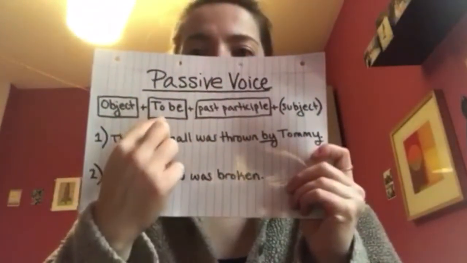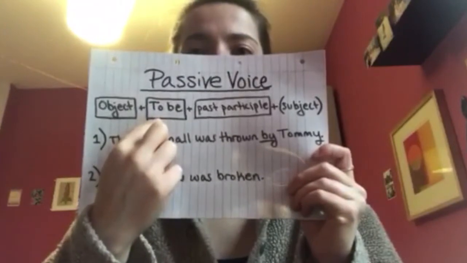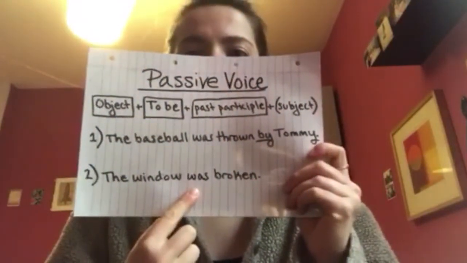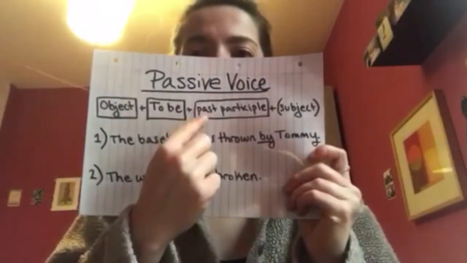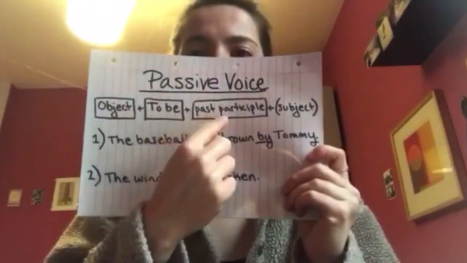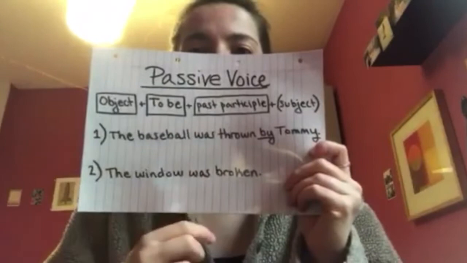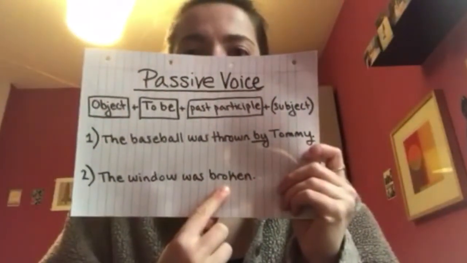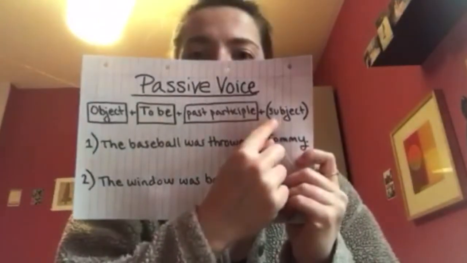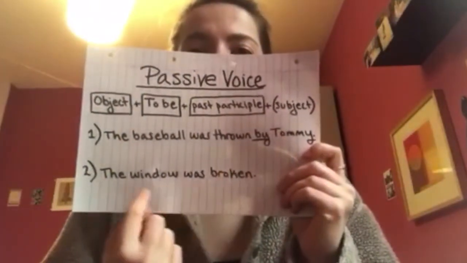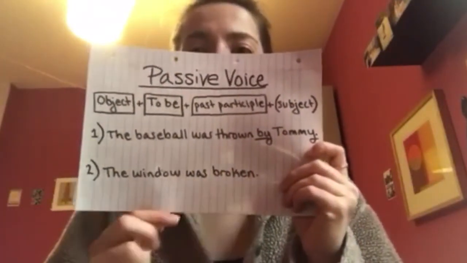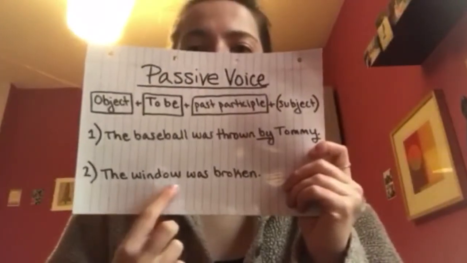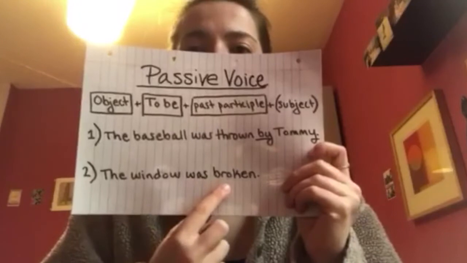Then we have the verb to be in past simple, was. Then we have the past participle of the verb break, which is broken. And since we don't know the subject, we leave it blank. And that's the end of the sentence. The window was broken.